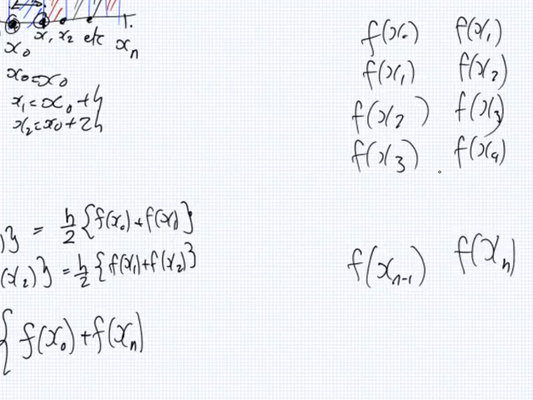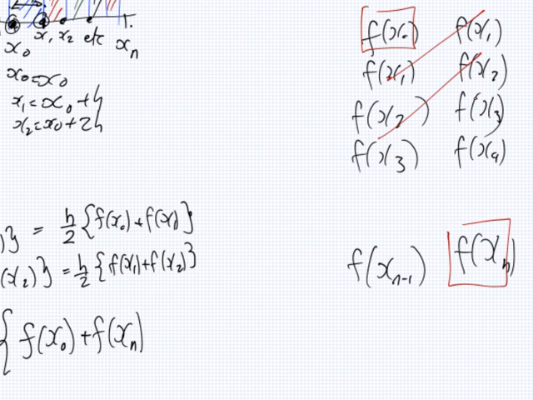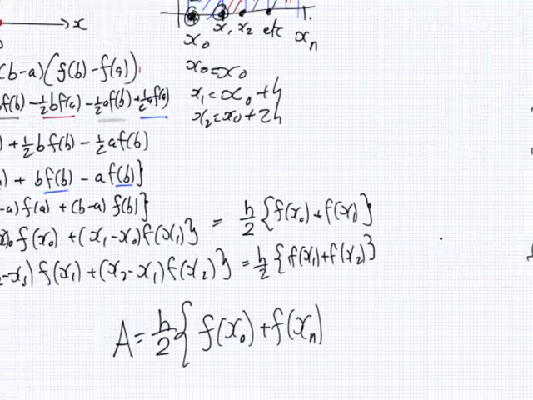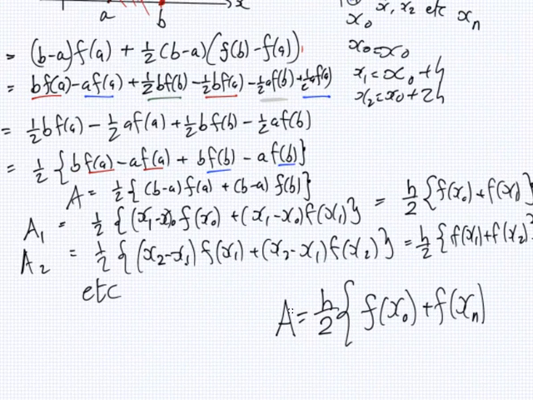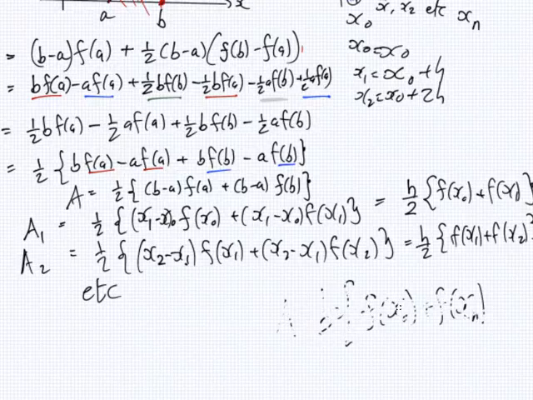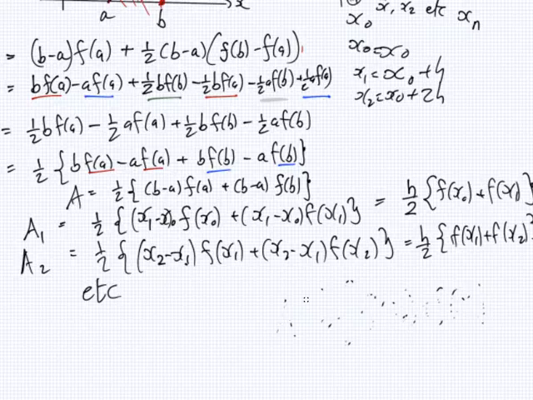When you add them all up, you'll have an f(x0), an f(xn), and two of each of the others.